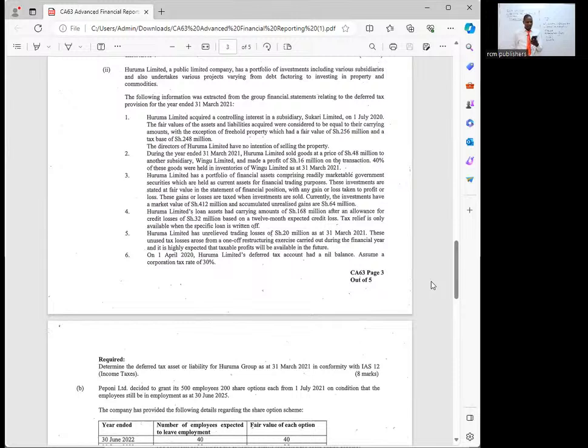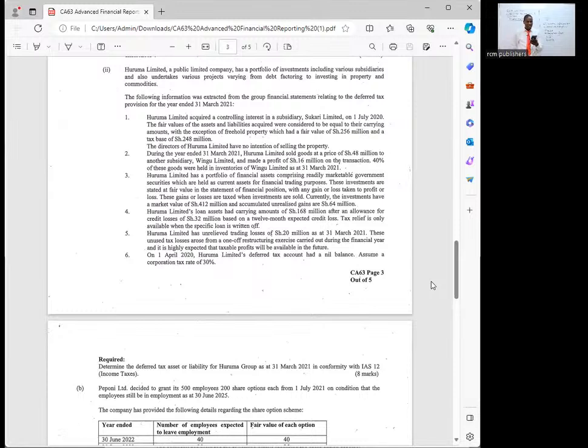Then we have number 4. Huruma Limited's loan asset has a carrying amount of 168 million after an allowance for credit losses of 32 million based on a 12-month expected credit loss. Tax relief is only available when the specific loan is written off. 5.